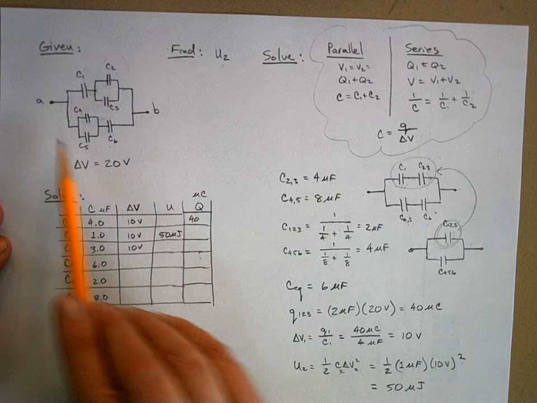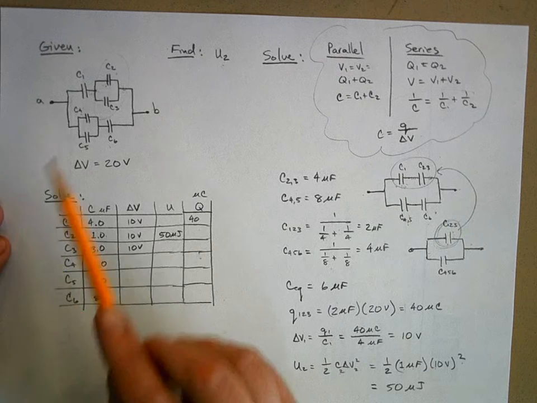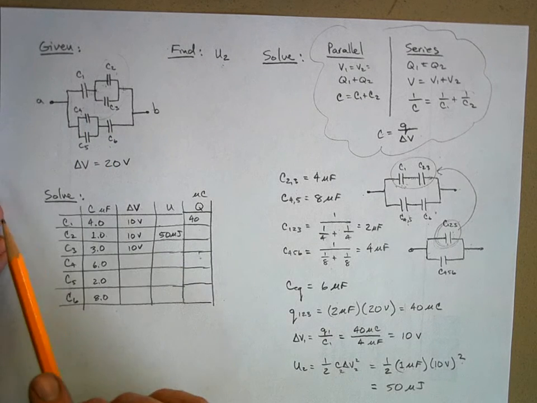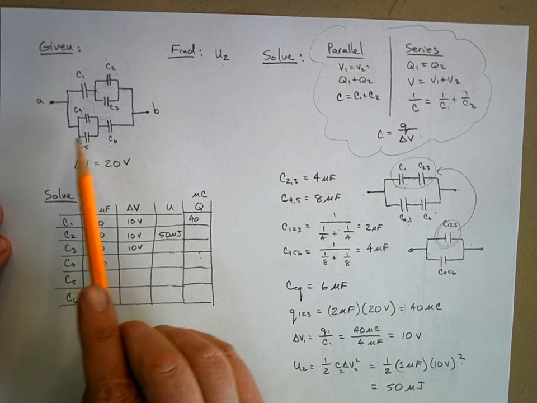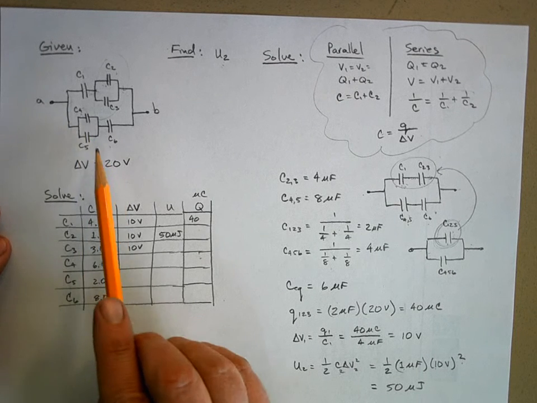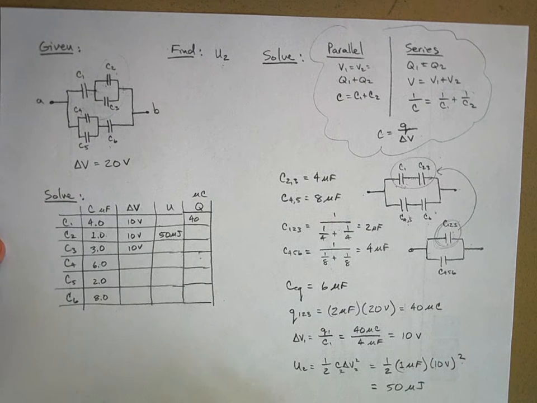This one's a little bit contrived, it's too bad that these voltage drops were the same. This is 10 volts and this is 10 volts. These two both had the same capacitance, didn't they? This was 8 and 8, so they're going to have the same 10 volt drop as well. But they'll have different amounts of charge and energy on them.